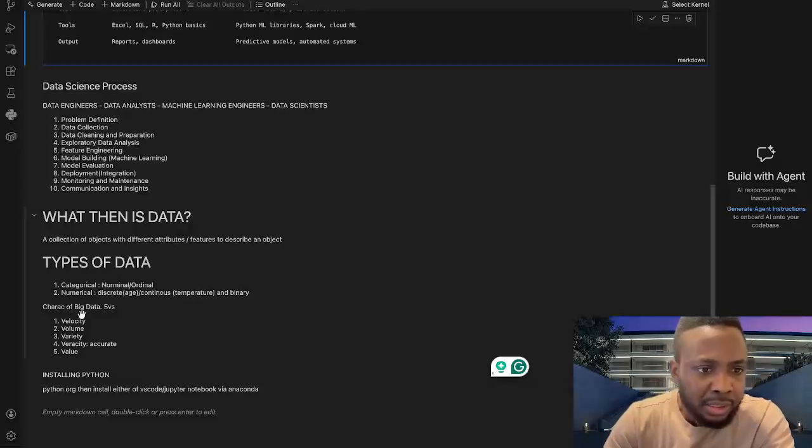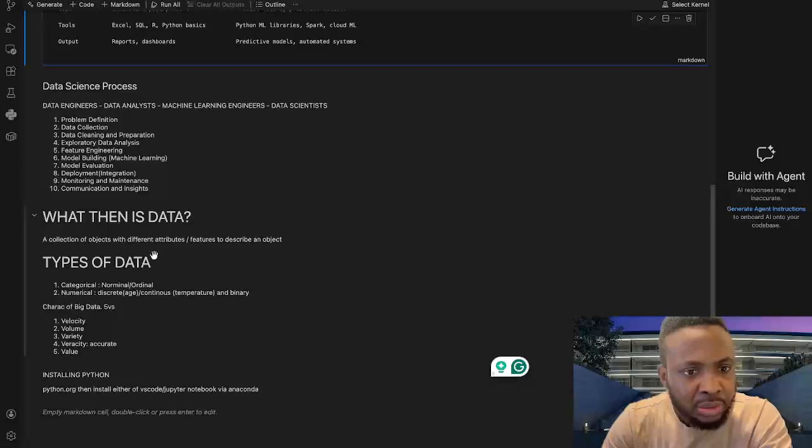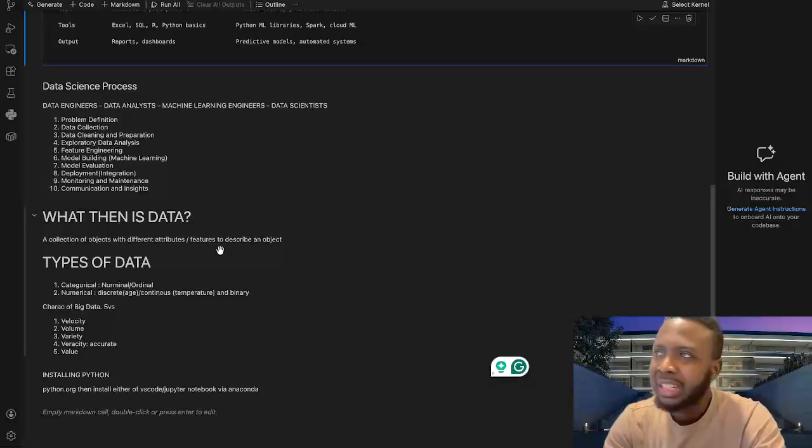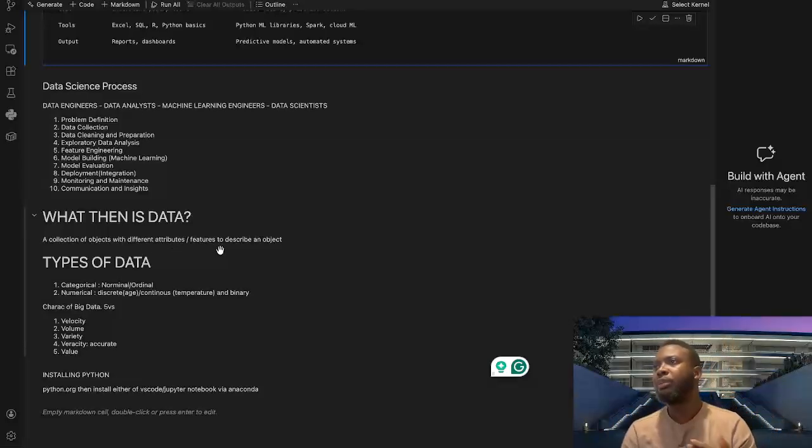Now when we look at this, I said data is a collection of objects with different attributes and features that describe an object. So when you meet an individual, for instance, you ask them, what is your name? He says, my name is John. I'm from Edo State, or I'm a Nigerian. I am 1.22 feet tall, and this is my weight. So that is data you have collected from such an individual.